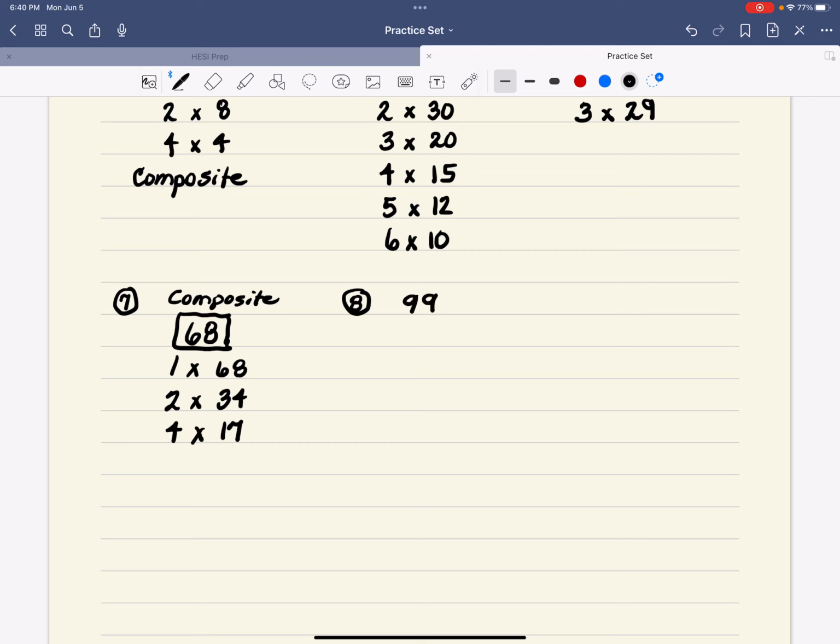99. Well, 2 won't work on this one, but a 3 will. 33. So it is not prime.